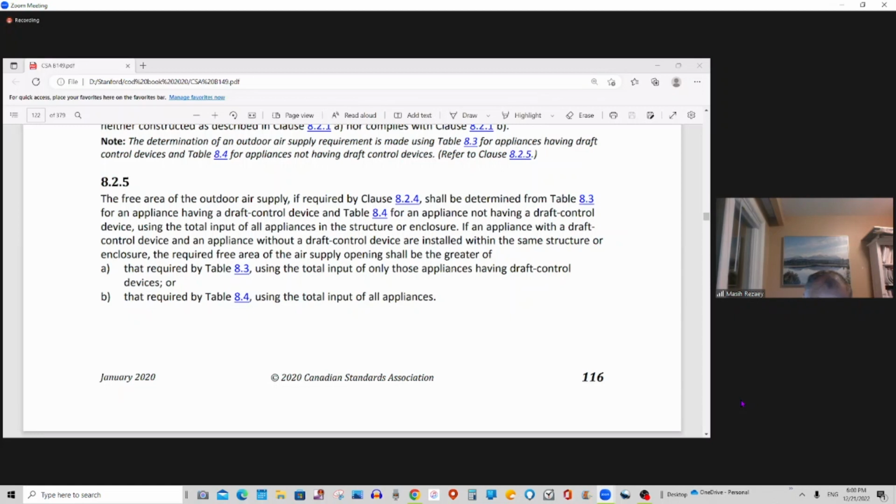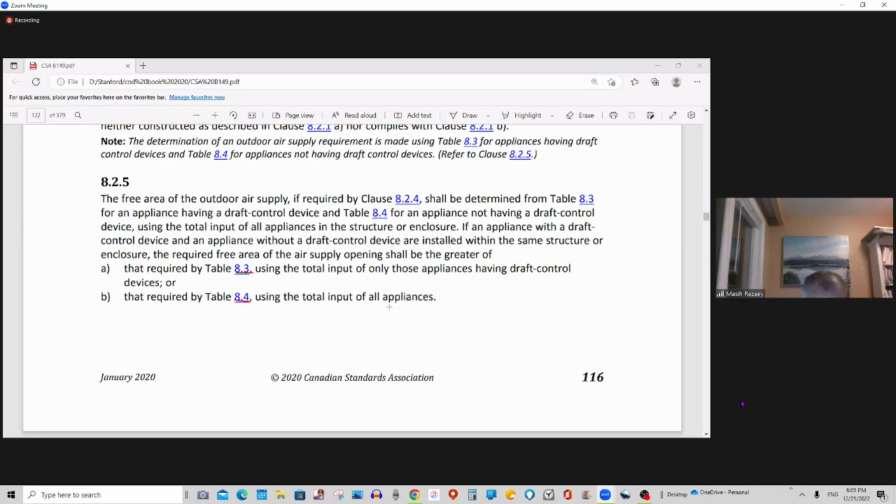If there are 1 or 2 or 3, however many natural draft appliances you have, add them together and look at table 8.3. Then you go to table 8.4 and add all the appliances, total appliances, with draft control and without draft control. Add them together and look at table 8.4. It's the same as 8.2.2. Exactly. Whichever is bigger is the answer.